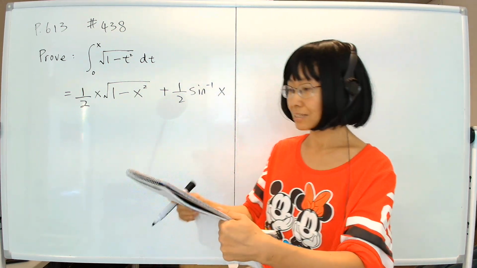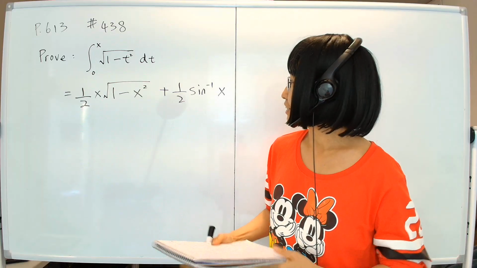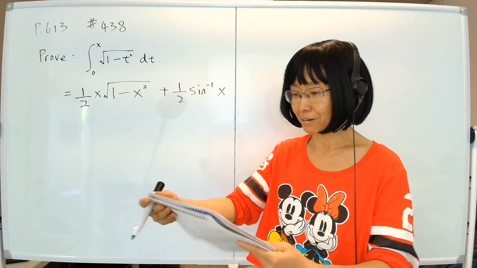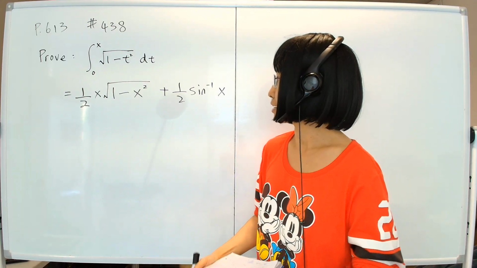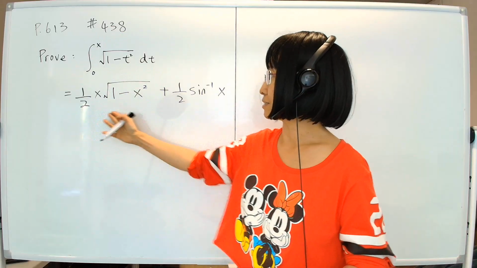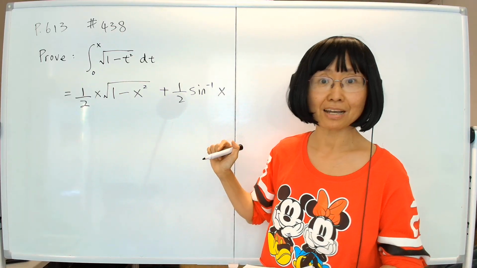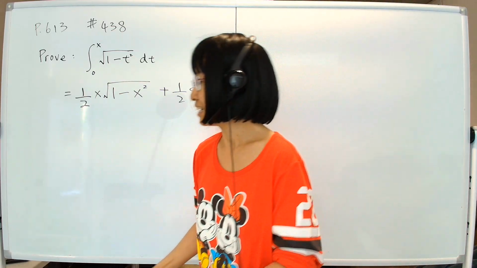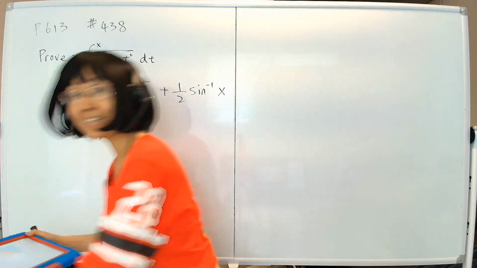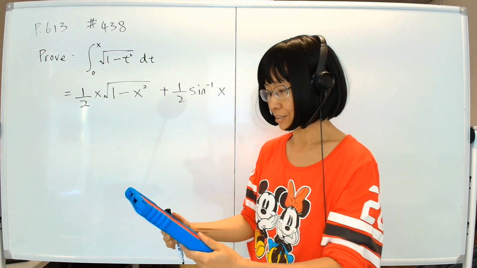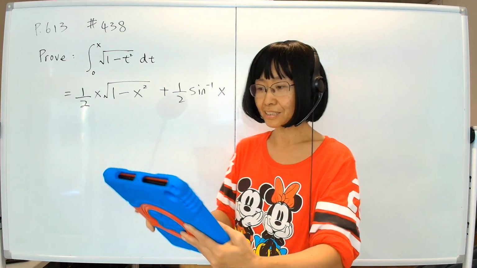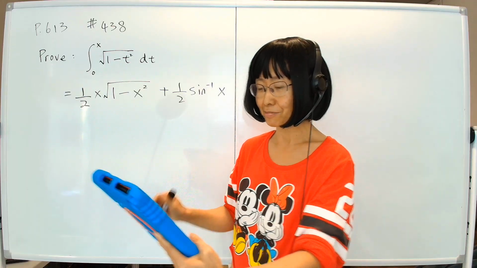For this particular problem, however, the book is showing us a trick of how to find the answer. The answer is this thing. That looks complicated, right? But actually, the solution sounds better than the answer. So let's look at the solution. What is the solution? We're going to draw this thing.